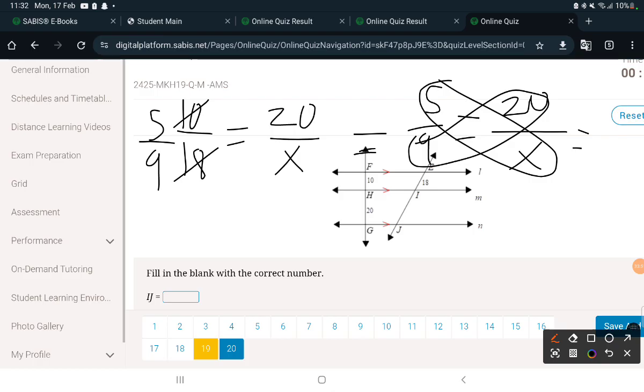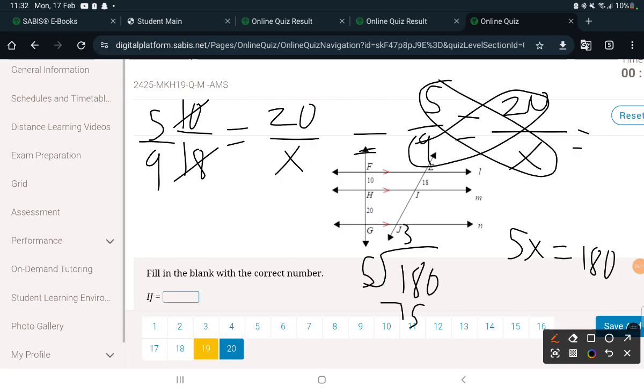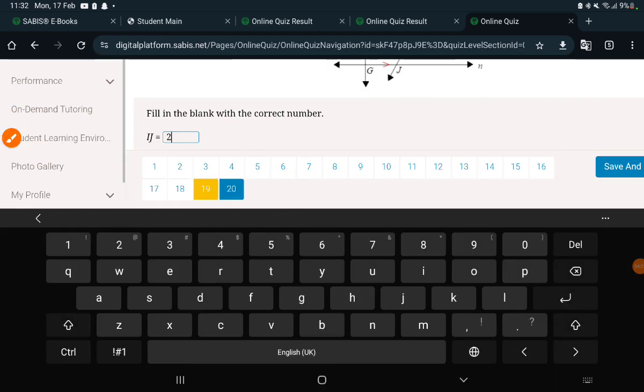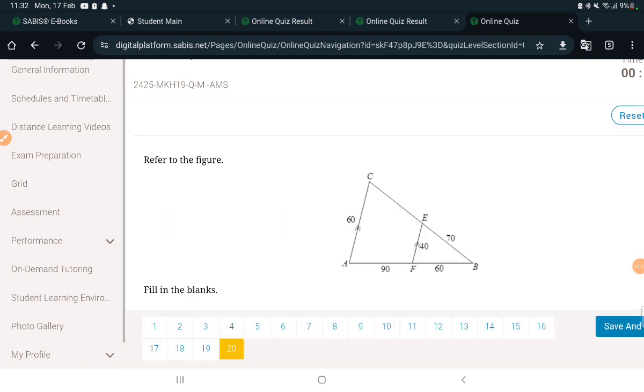So you'll have 5x equals 180. Let's do long division for this, just to get the answer quicker. So 15 is the closest, and then drop down the 0. 5 divided by 30 is 6. So x equals 36. Although these are bigger numbers, it's still the same exact thing.